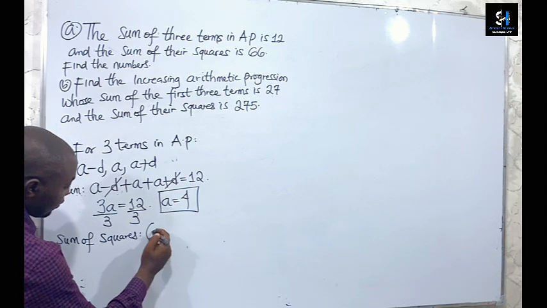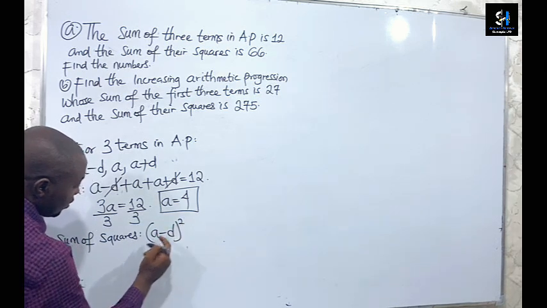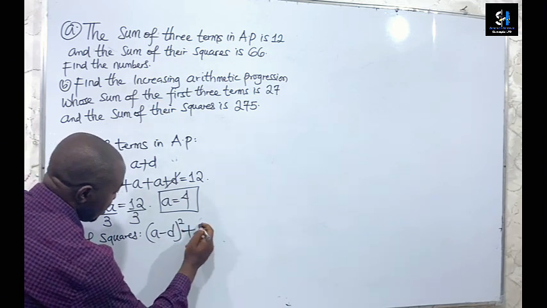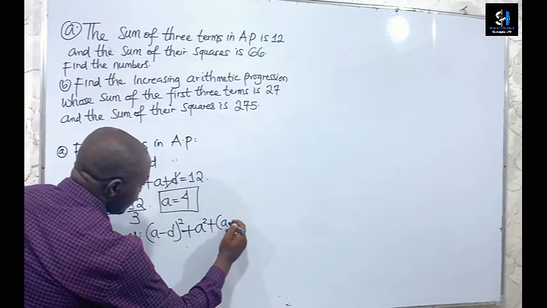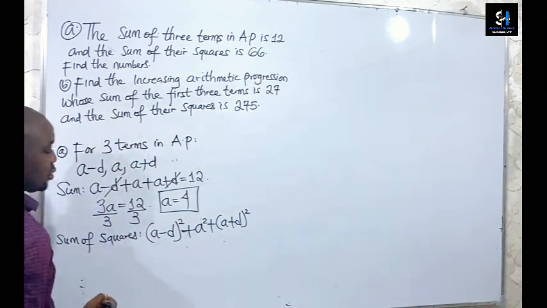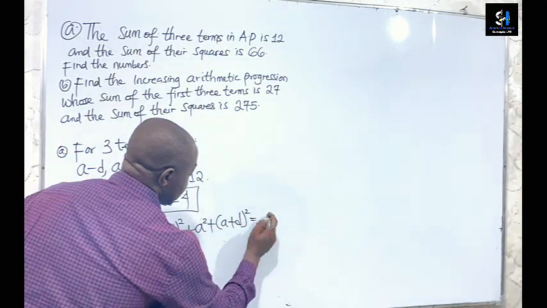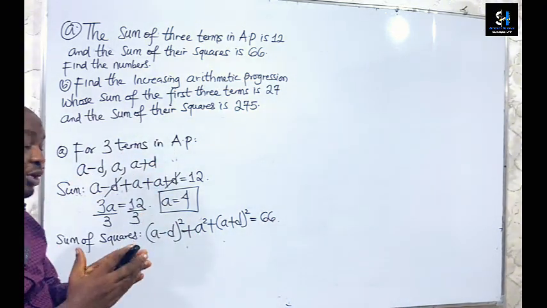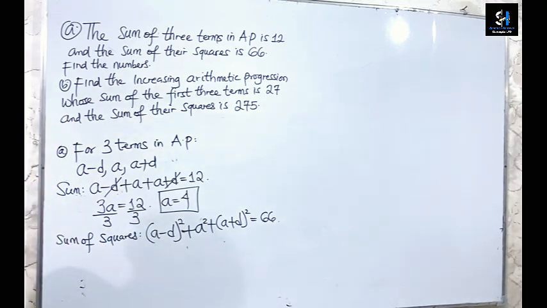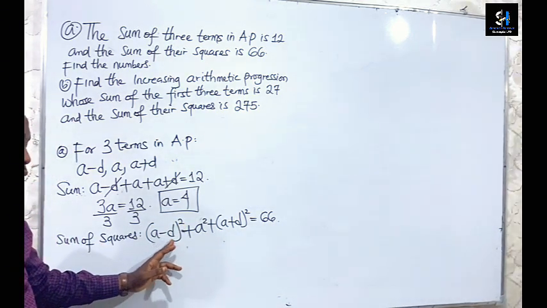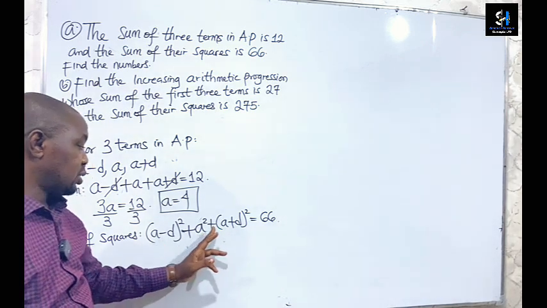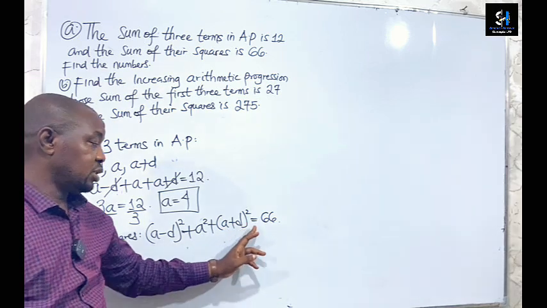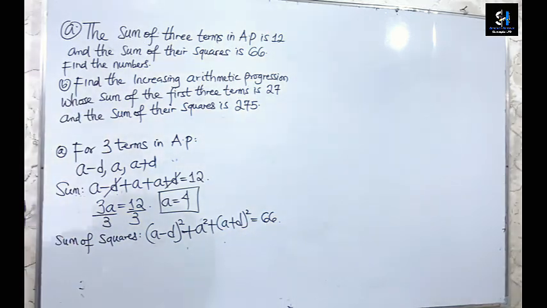That is the sum of the square of A minus D, A squared, and the square of A plus D is equal to 66. So the sum of their squares, that is, of the three numbers that form the arithmetic progression, is 66.